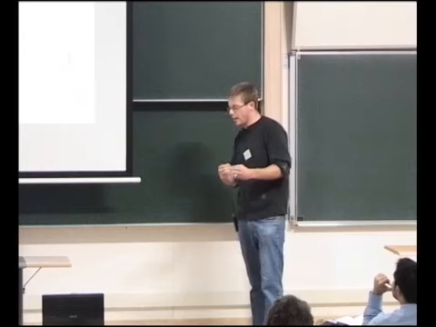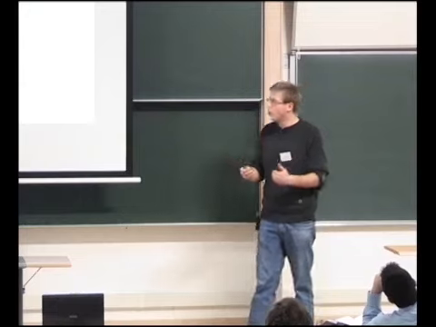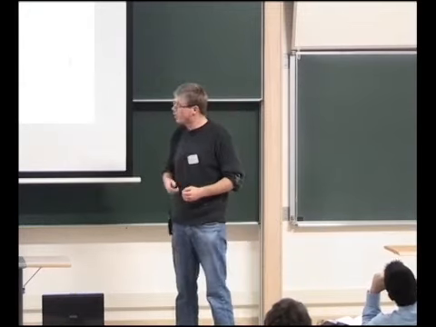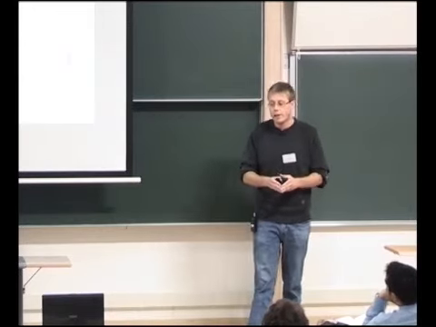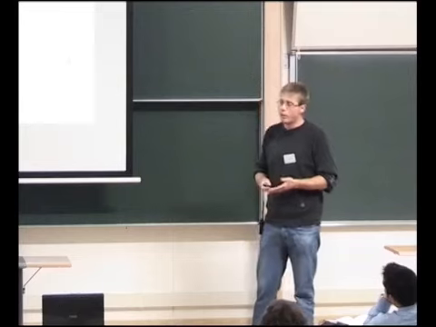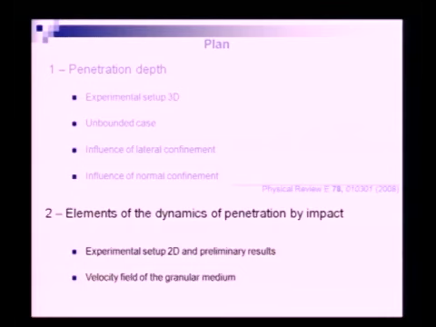So that means all the forces applied by the granular media to the projectile are only radial. So that's what I wanted to say about the confinement in 3 dimensions.